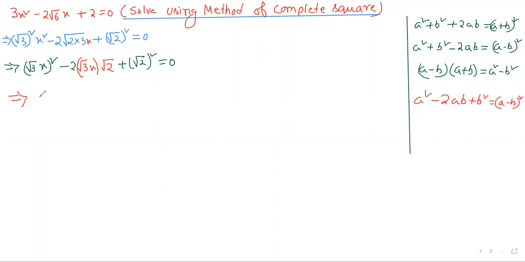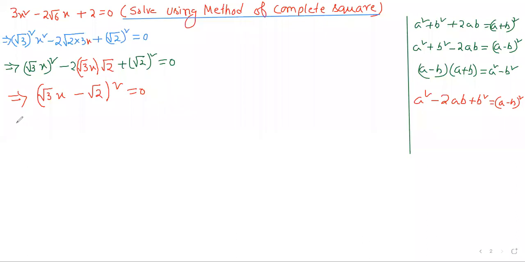Now here what is a? Root over 3x. What is our b? Root over 2 is our b. So it will be root over 3x minus root over 2 whole square is equal to 0. Okay, let's explain more clearly.